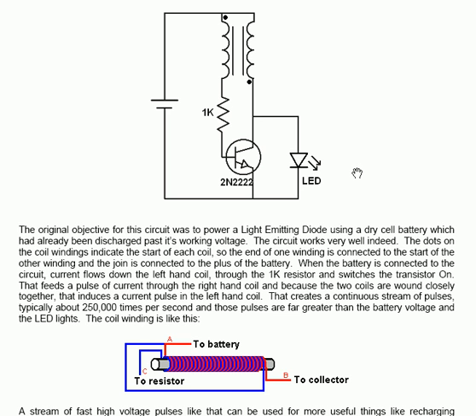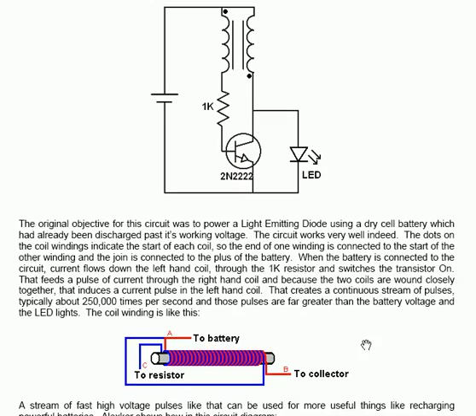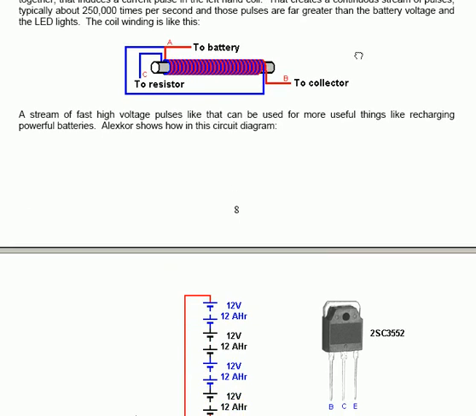Alex Core shows how in this particular circuit diagram. He has a dual-T circuit. There are the 2 coils wound, and he's done 100 turns of 0.5 millimeter enamel copper wire round a former.